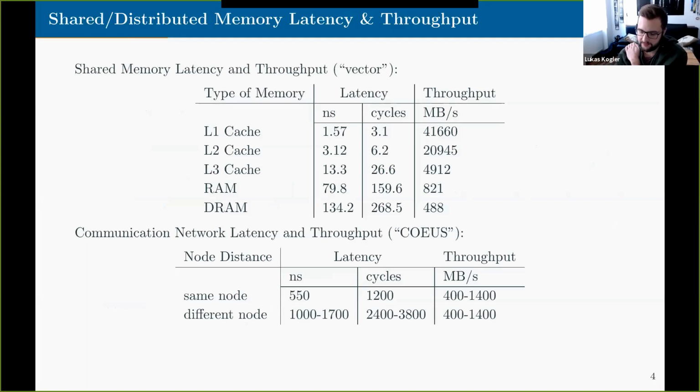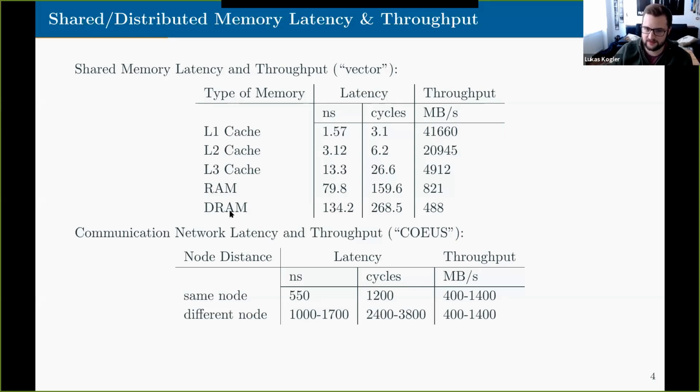So what I did here is I did completely randomized memory reads, one after another, as fast as possible on one of the machines we have at the Institute. And I was looking at how many megabytes or gigabytes per second I can load from the different levels of the cache, RAM and DRAM.